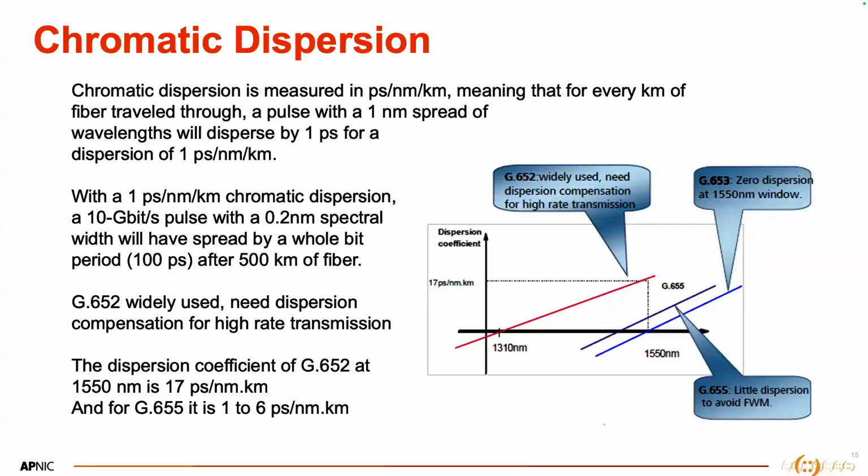ITU has defined different specifications for different kinds of fibers based on their characteristics. As you can see in the diagram, I have written some specifications of fibers like G.652, G.653, or G.655.